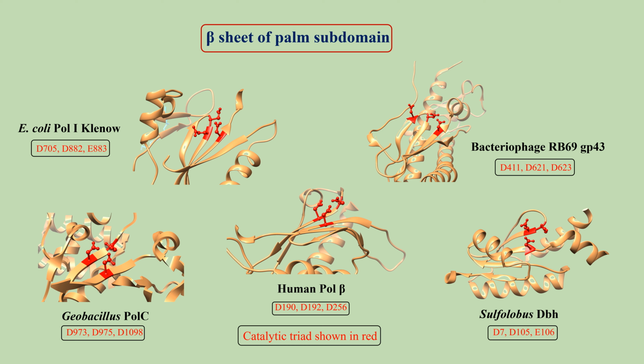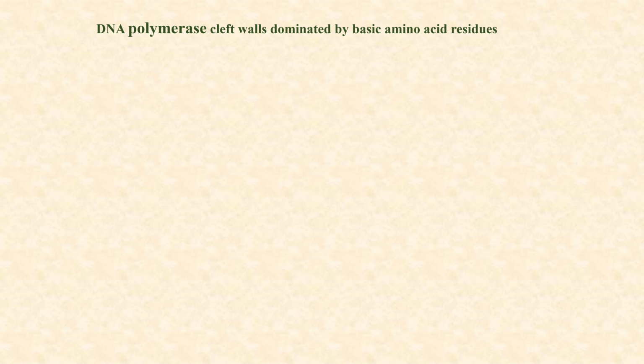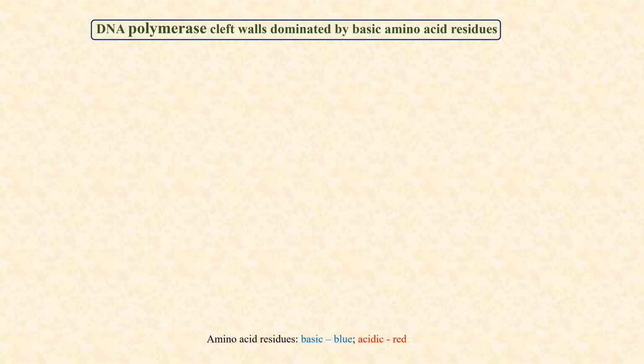This subdomain carries the active site acidic residues required for the catalysis of nucleotide addition or phosphoryl transfer reaction. The cleft walls, on the other hand, are dominated by basic or positively charged amino acid residues.